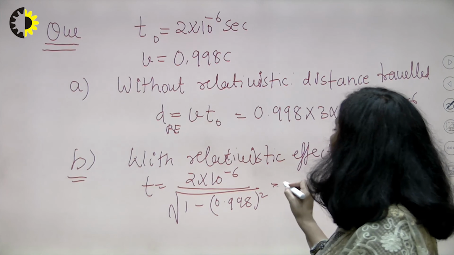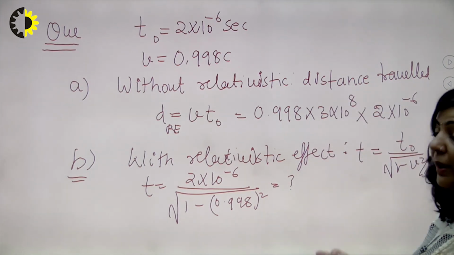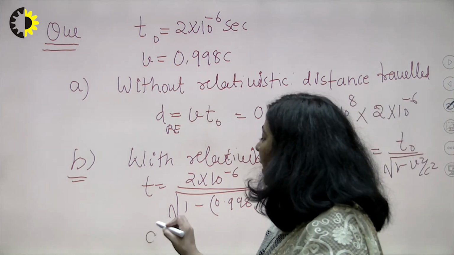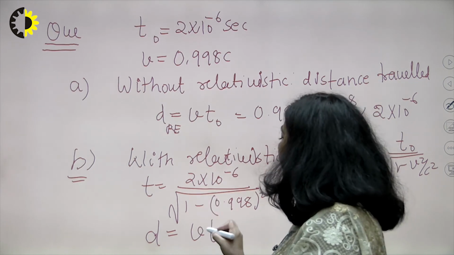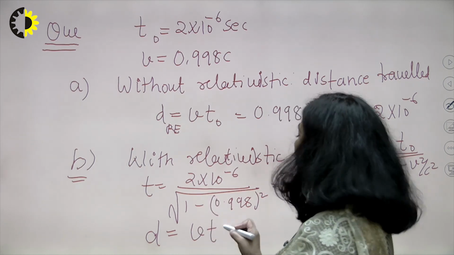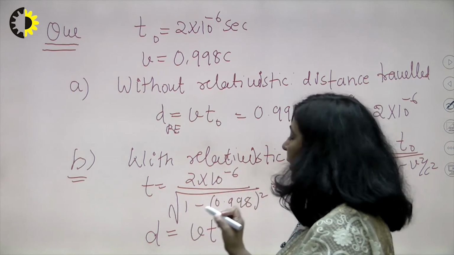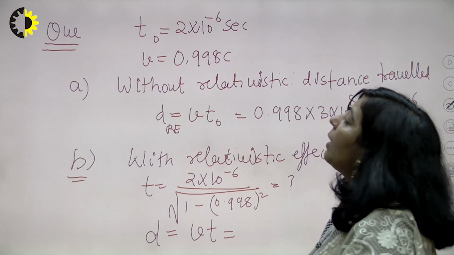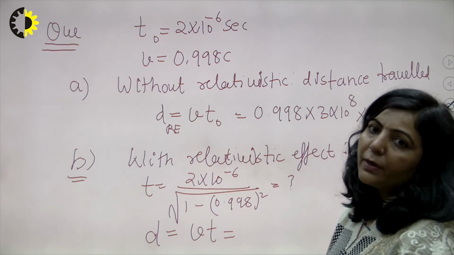Simplify it and you will get the lifetime of these particles with the relativistic effect. Then you calculate the distance traveled in this time, which is v into t. So first solve for t, and after finding t you can find the value of d. This is with the relativistic effect, and the first part is without relativistic effect.